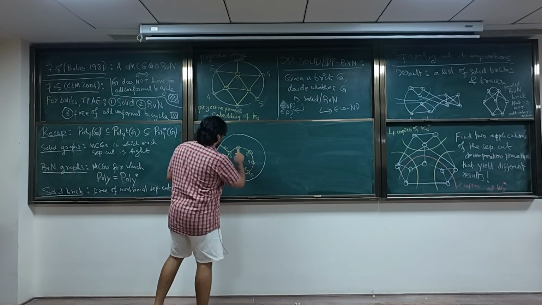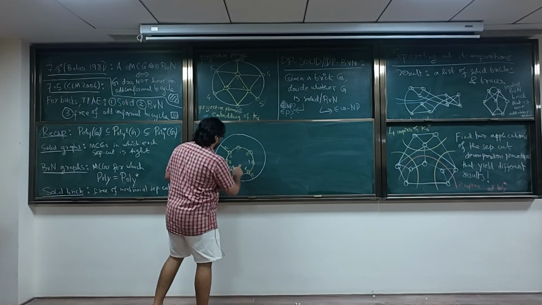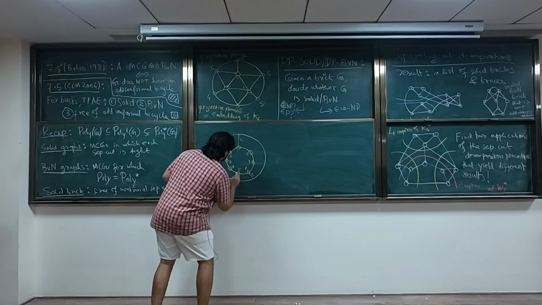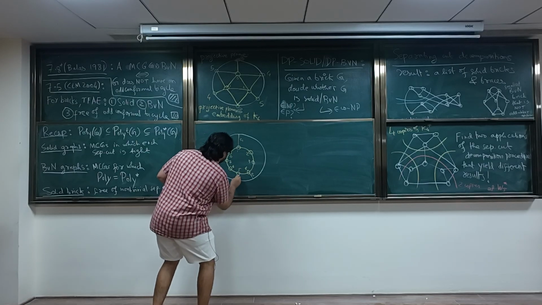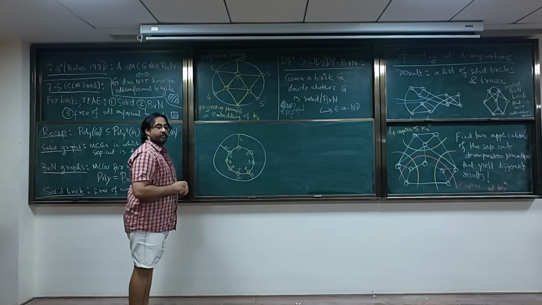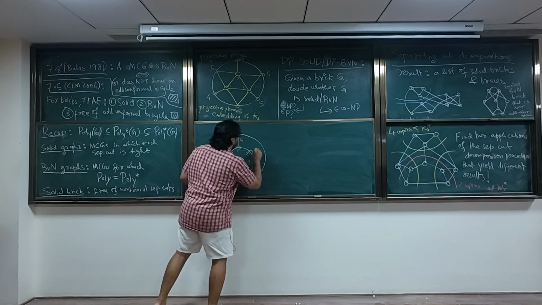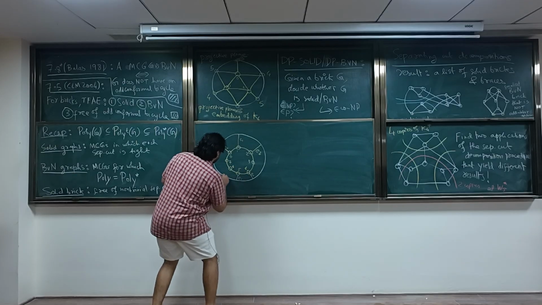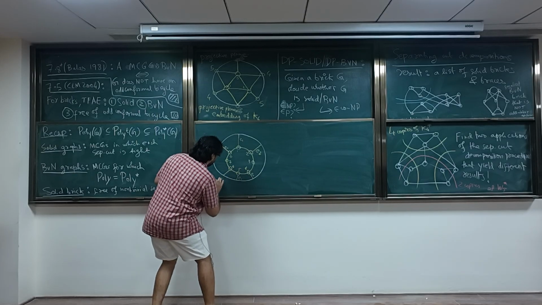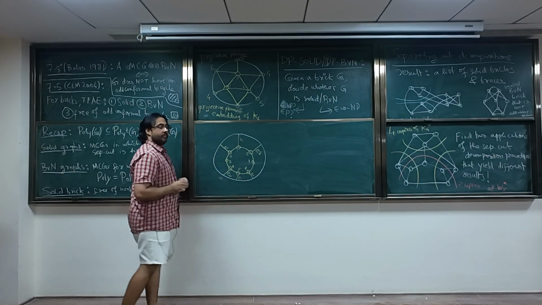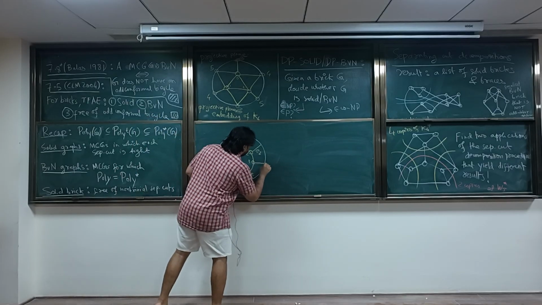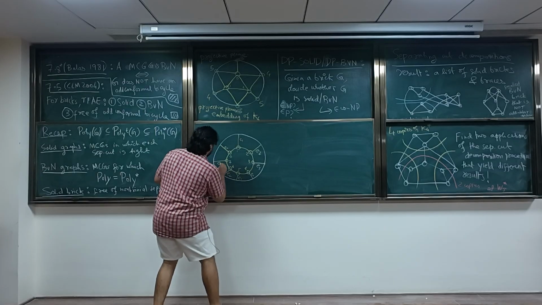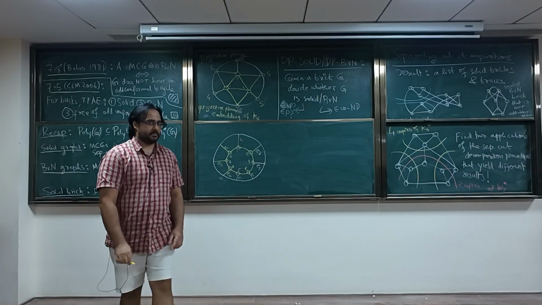Now 0 goes to 4, 1 goes to 5. E1, E2, E3.